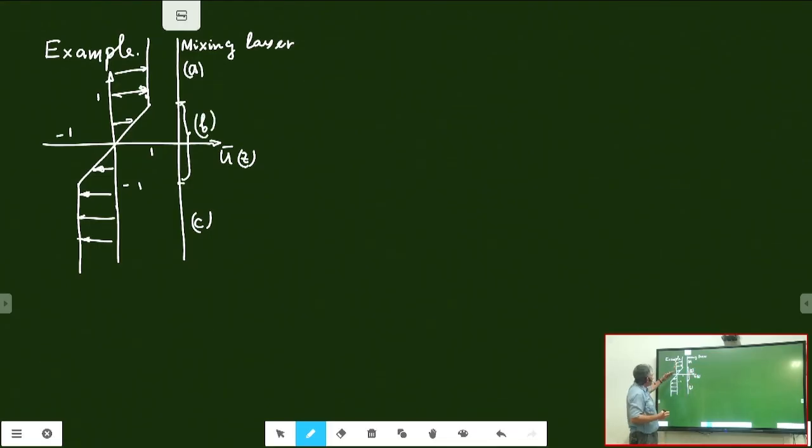Because individually these are straight line profiles, we will end up with the problem which I just described. Trivial solution. Okay? So it does not look like anything of interest can happen here. But I will tell you, these corners here will play a role. And what actually happens at the corners?